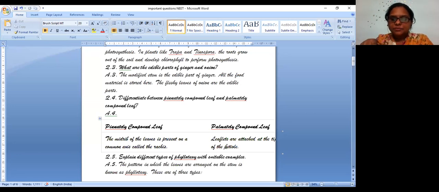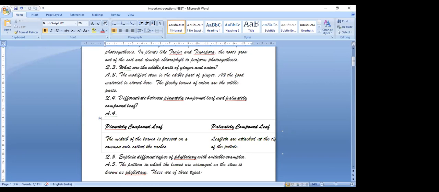But in case of palmately leaves, small leaflets will be attached to the tip of the petiole. Palmately and pinnately, you know, right? You have studied that. In the NCERT book also you have the diagram. Yes or no? Yes, ma'am.